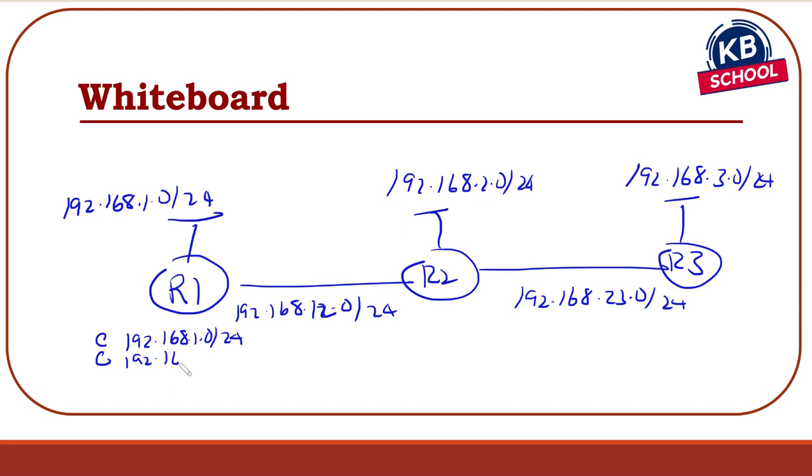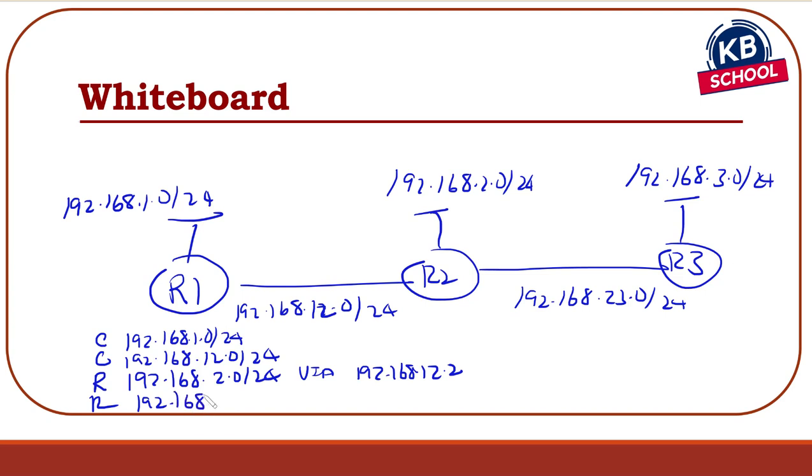I have two directly connected networks on router 1, and 12, but then it would learn the other networks that are not directly connected to it using a routing protocol, whether it's running RIP, EIGRP, OSPF, which would allow router 1 to learn about the other networks that I have. And let's say via the IP address of router 2.